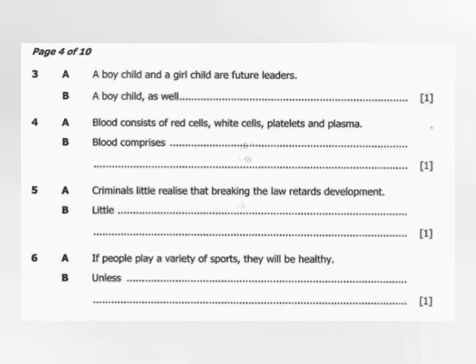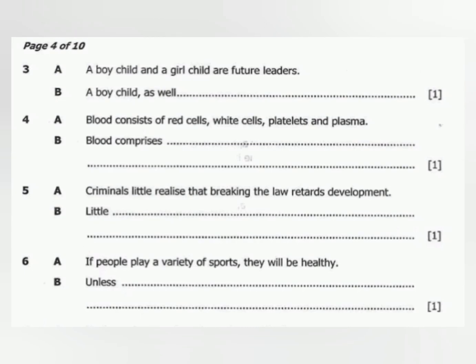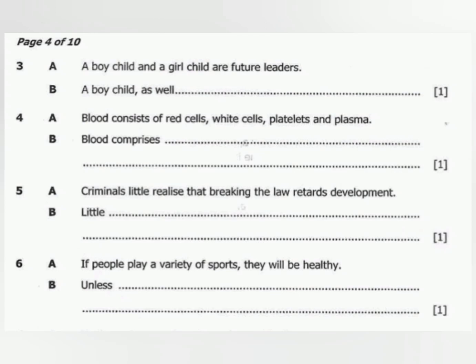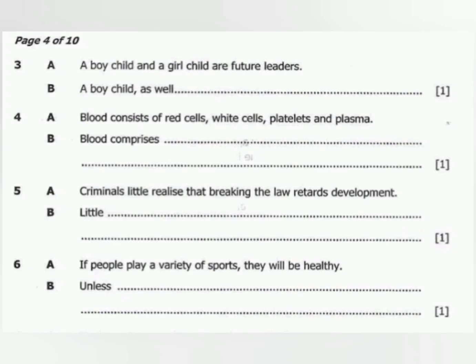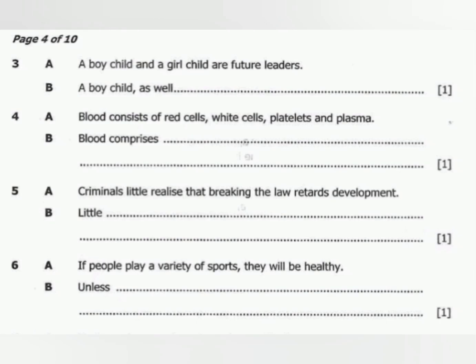Question 3 is saying, a boy child and a girl child are future leaders. Then as for B, a boy child as well as. On this part, the verb should agree with the subject.